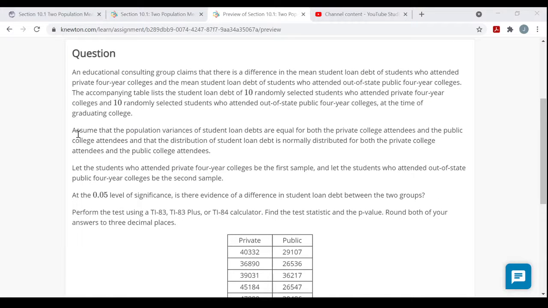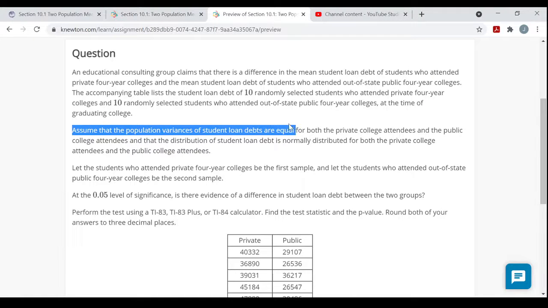Here they're saying assume the population variances of student loan debts are equal for both private college and public college attendees. So this is huge. If you assume the population variances are equal, that means we're in the pooled scenario, where they would be calculating that Sp, the pooled estimate of the standard deviation.